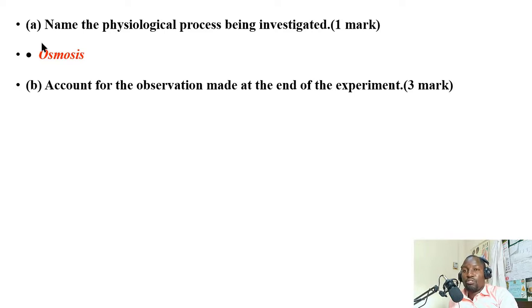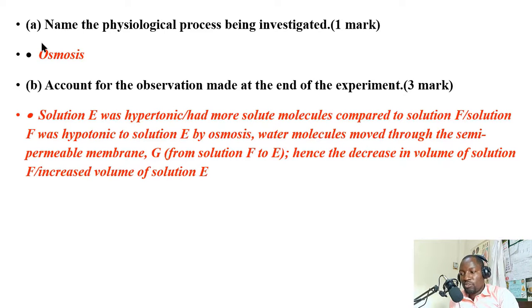This is because solution E was hypertonic, having more solute molecules compared to solution F. Solution F was hypotonic to solution E. Therefore, by osmosis, water molecules moved through the semi-permeable membrane, G, from solution F to E. Hence the decrease in volume of solution F, which increased the volume of solution E.